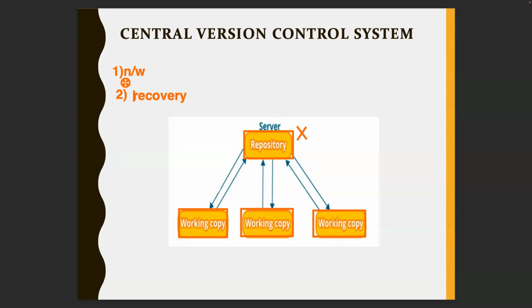There is no kind of backup. These are the two problems or drawbacks of this kind of architecture. There were tools which follow this architecture: SVN, TFS, Perforce follow the centralized architecture.